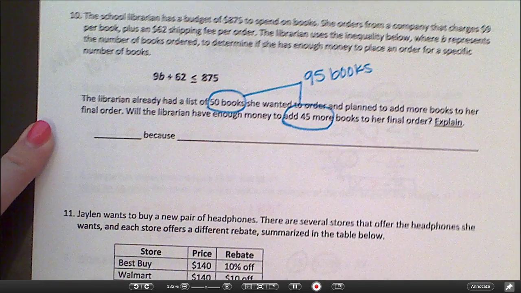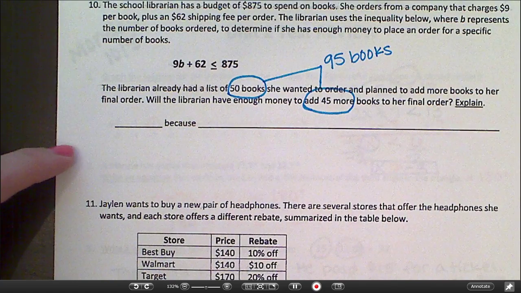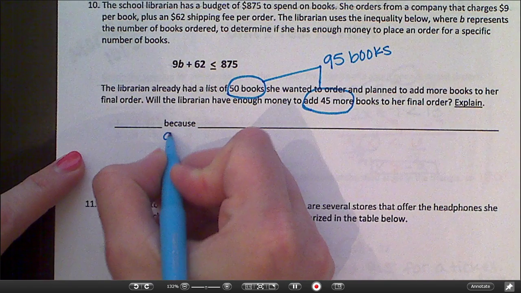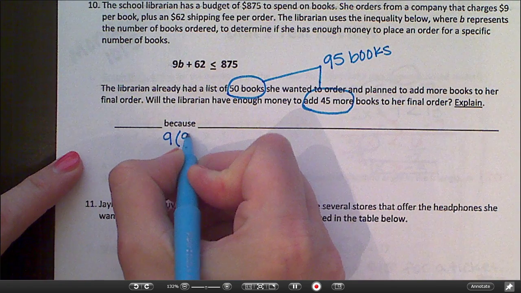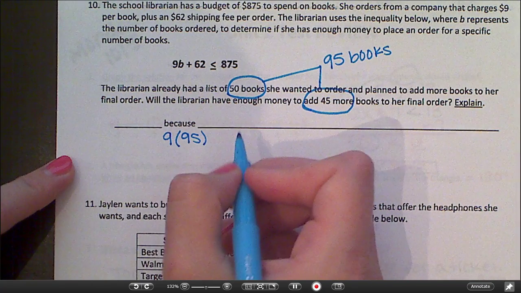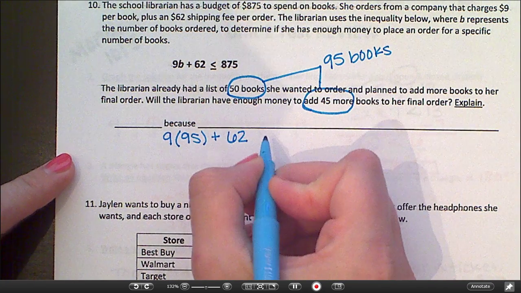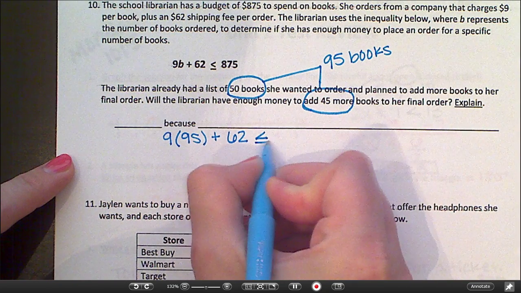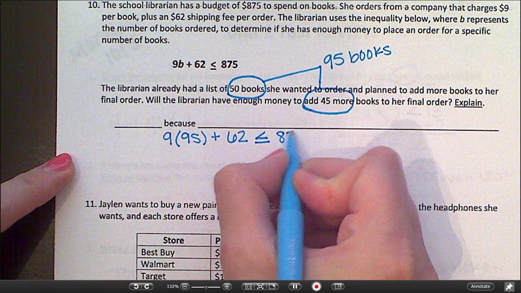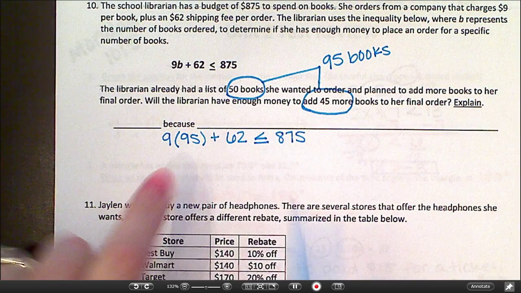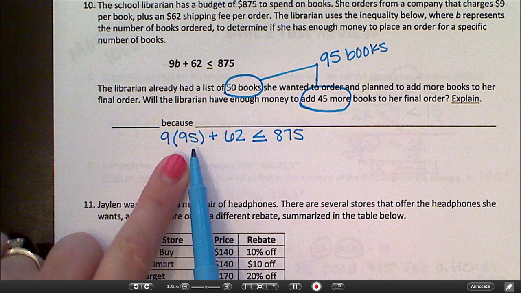So let's plug these numbers into our inequality and see if it works. So if I have $9 times 95 books, plus I have to pay $62 for shipping, we need to see if that's less than or equal to $875. So notice that I'm plugging in a value here.